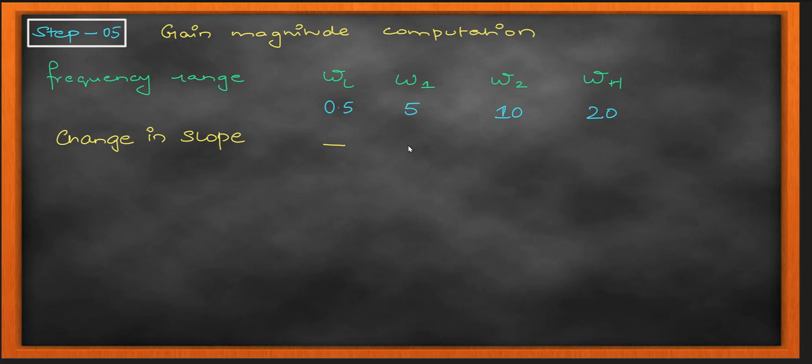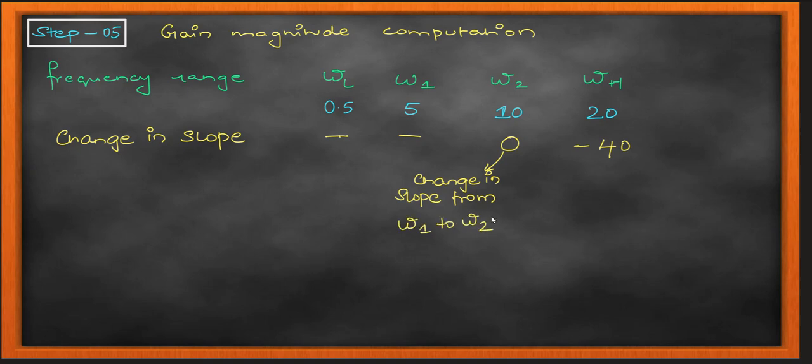If you write this, there is a shift in the change in slope. So this is 0, dash, 0, minus 40, but with the shift it is written as dash, dash, 0 and minus 40. So this change in slope here is shifted by one place.